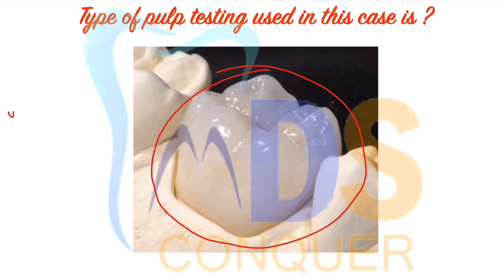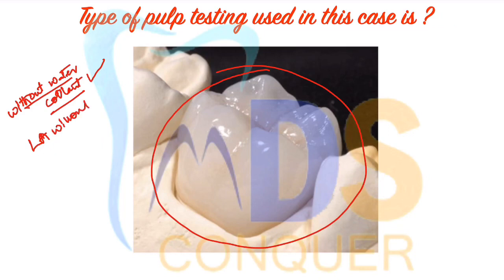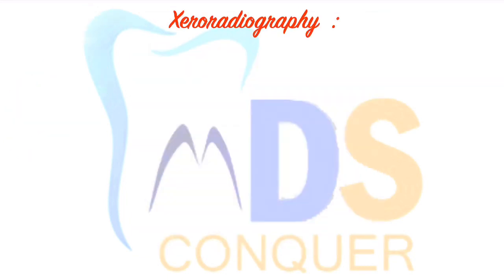Make a note, the points to be added is without water coolant, because the heat has to cause the pain, and without giving LA. These two have to be done. Then the patient complains of pain, by which you can tell that there is some sensitivity.